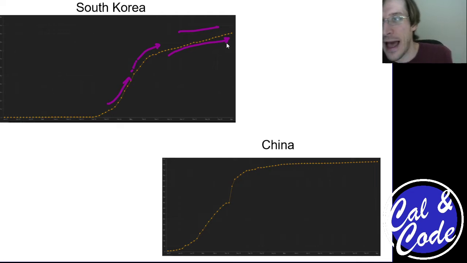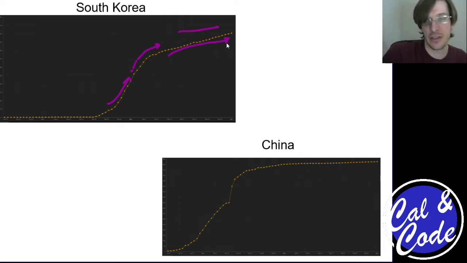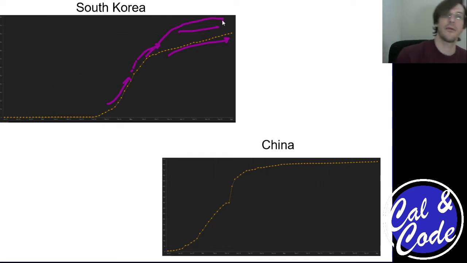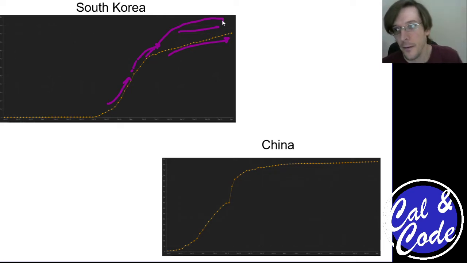This is what that flattening of the curve can begin to look like if you do it really well. So South Korea's numbers, if they had continued going up, they could have already been at this point way earlier. And likely by flattening the curve out, they have saved themselves tens of thousands of people from getting this virus and becoming ill.